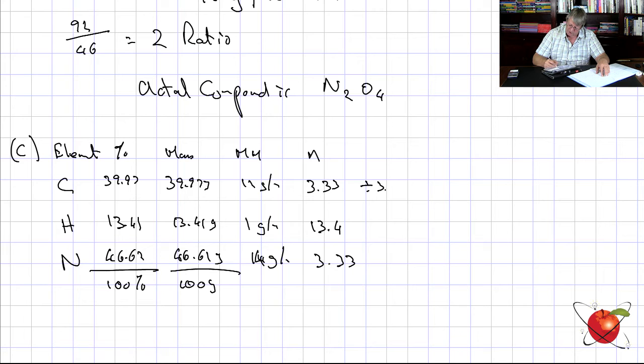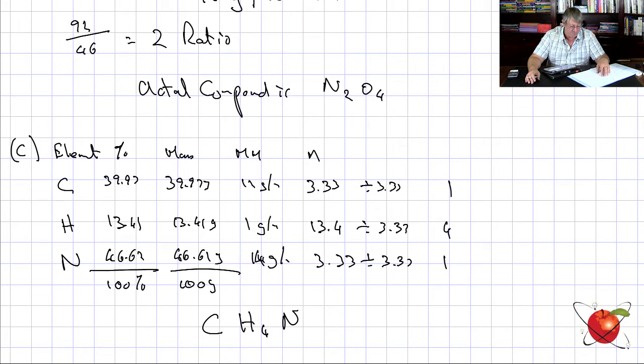Therefore, we divide each one by 3.33. And what do we get when we do that? We get 1, 4, 1. So therefore, we are CH4N.